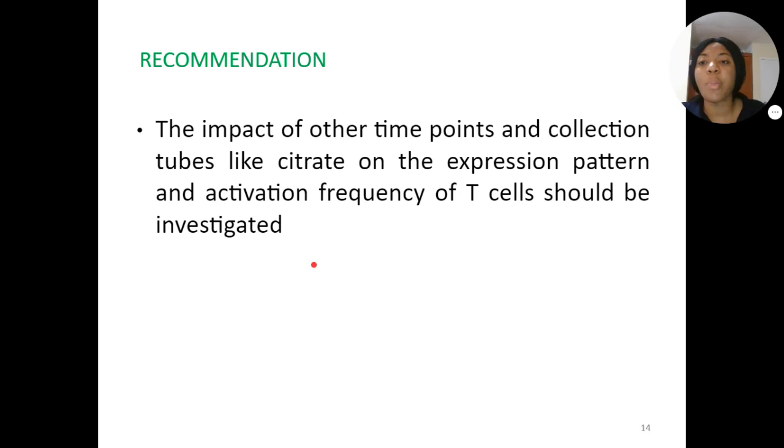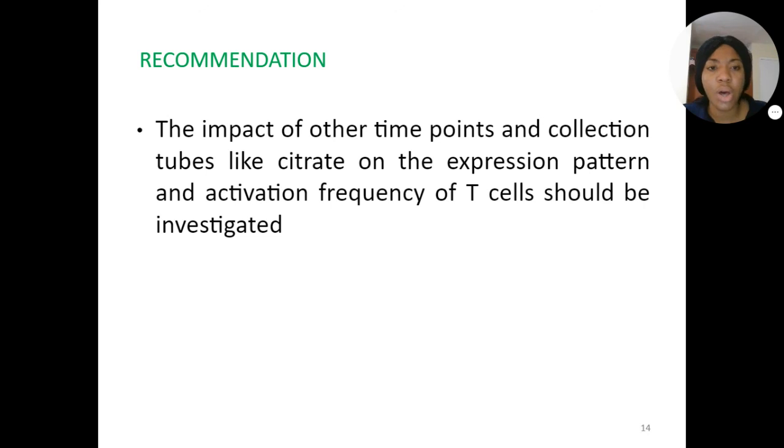Okay. So we recommend that the impact of other time points and other collection tubes like citrate on the expression pattern and the activation frequency of T cells should also be investigated. We may want to know how a time lapse of, say, 6 hours, 8 hours, 12 hours, 24 hours after blood collection would affect the frequency pattern and the activation status of these T cells.